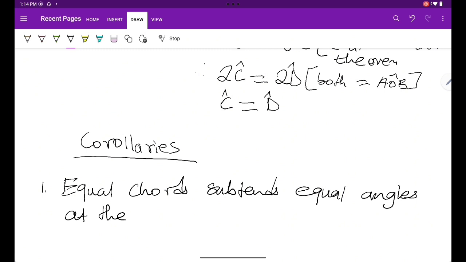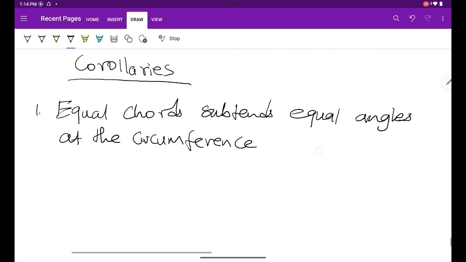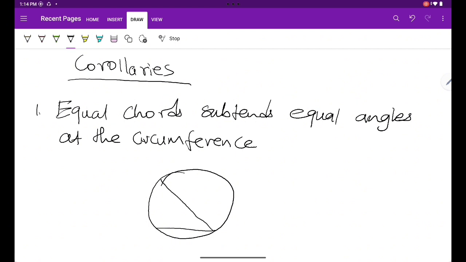Let's start with the circumference. In other words, if we have two chords, and one chord is subtending an angle, and another chord subtends an angle, and the chords are equal.